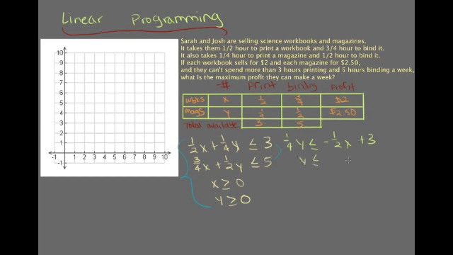So y is less than or equal to -2x plus 12. Because when we multiply everybody by 4, the y becomes isolated. And then 4 divided by 2 is 2, and we have a negative, so -2. And then 3 times 4 is 12. So y is less than or equal to -2x plus 12.